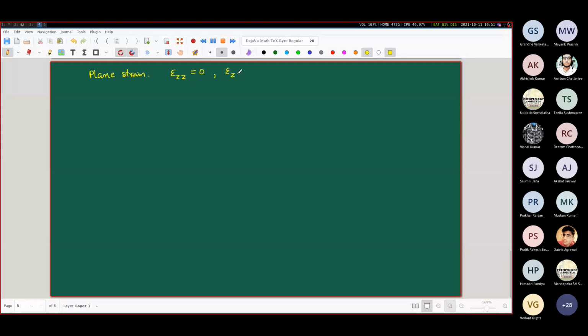Epsilon Z theta is equal to 0. Epsilon ZR is equal to 0. Note that epsilon ZR equal to 0 immediately implies that sigma ZR is equal to twice G epsilon ZR, that is also equal to 0.